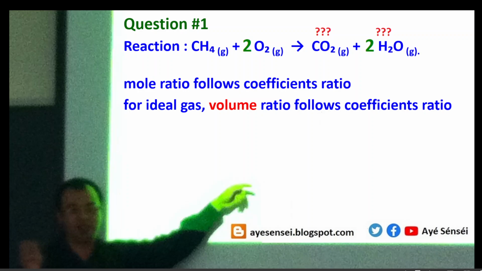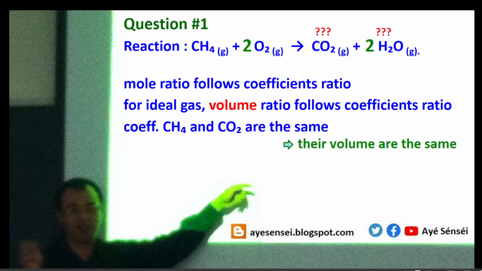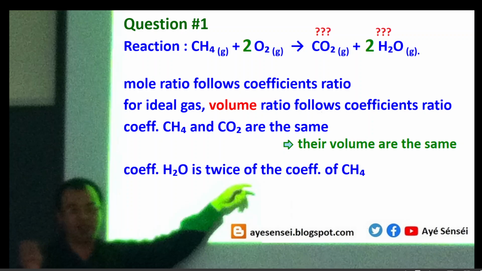Let's solve this. First compare CH4 and CO2. Pay attention that they have the same coefficient, so this means they will have the same volume. And then for H2O, the coefficient of H2O is twice the coefficient of methane, so the volume will also be like that.